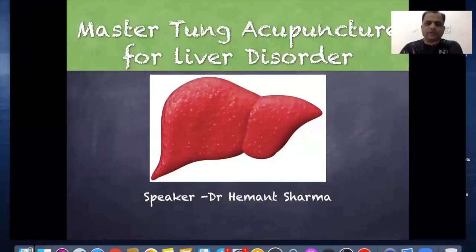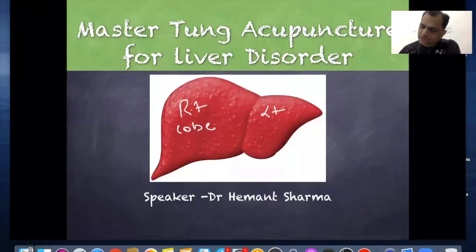So we can see in this image, in the liver, we have two lobes, the right lobe of the liver and the left lobe of the liver.